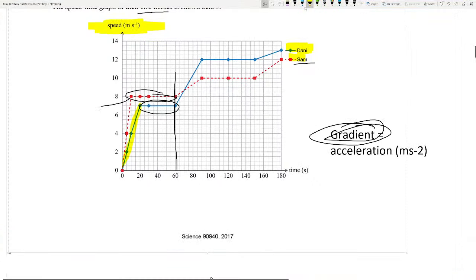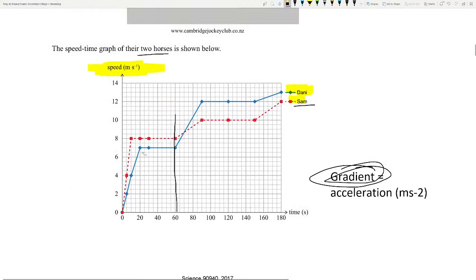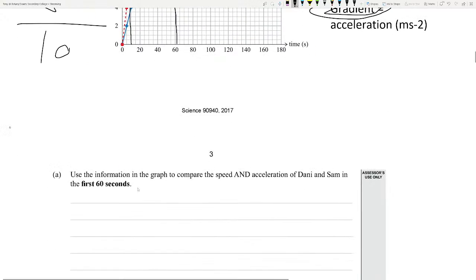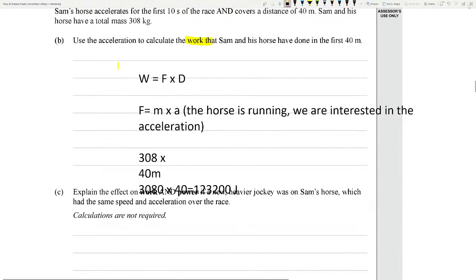To calculate the work that Sam and the horse do for the first 10 seconds, it's literally rise over run. So it's 8 divided by 10, rise over run. So it's 0.8.